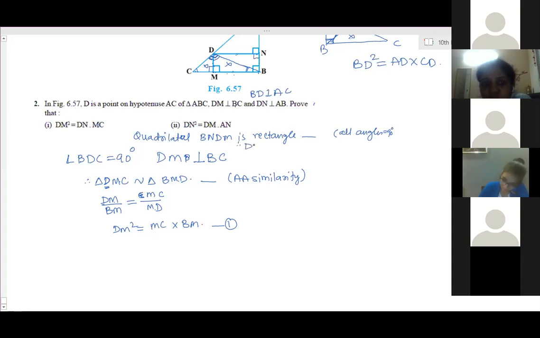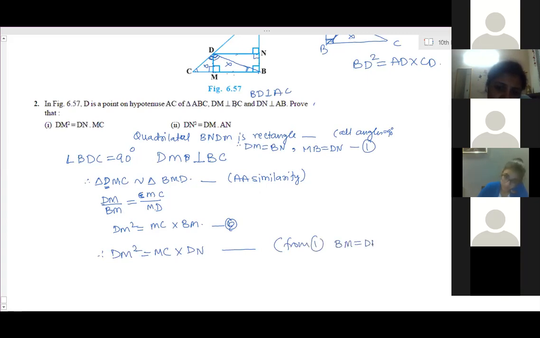So therefore, DM is equal to BN and MB is equal to DN. Make this equation 1. And therefore, DM square is equal to MC into DN from 1. BM is equal to DN. Clear?